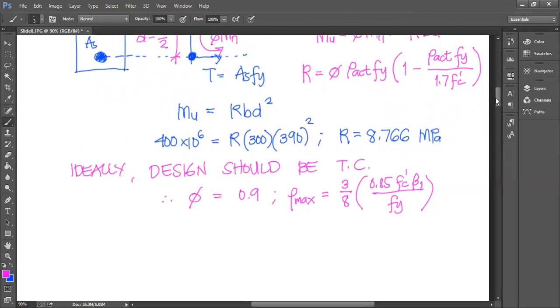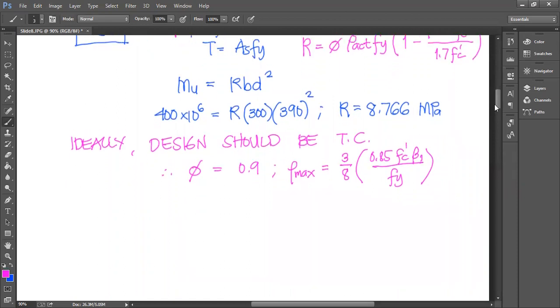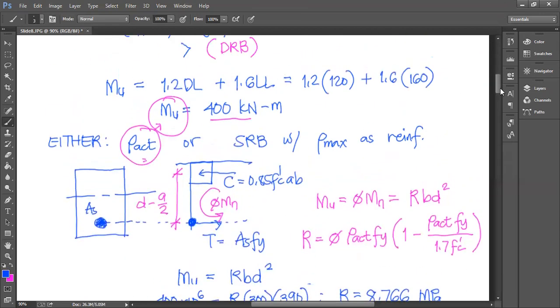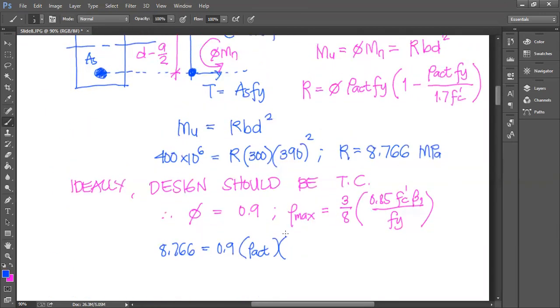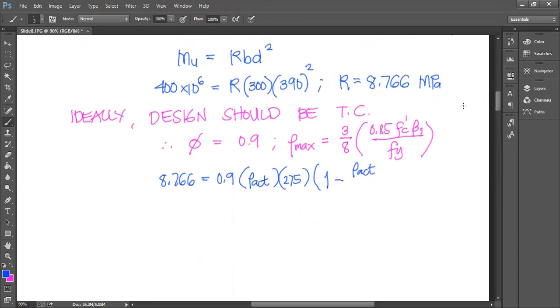So, ibig sabihin, pwede na natin makuha yung value ng raw actual since meron tayong value ng phi na equal to 0.9. So, ibig sabihin, yung 8.766 natin is now equal to 0.9 multiplied by raw actual multiplied by fy, na ang yield strength natin ay 275, multiplied by 1 minus raw actual times fy ulit natin na 275 all over 1.7 multiplied by f prime c natin na equal to 20.7. Teka lang, ibahin natin yung grouping symbol.